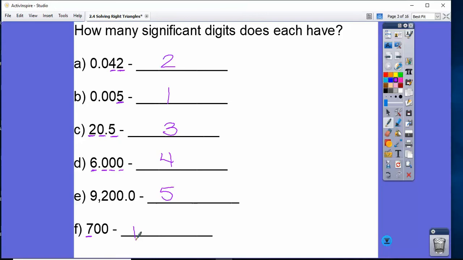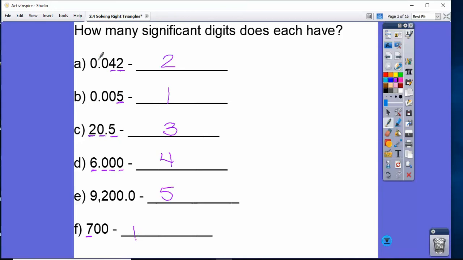No, because the first 2 numbers weren't that accurate. So we are going to be using this in answering our questions. We'll just give the same number of significant digits given in the problem. So for instance, if in the problem I had 2 significant digits on my sides, you would give me 2 significant digits for your answer.